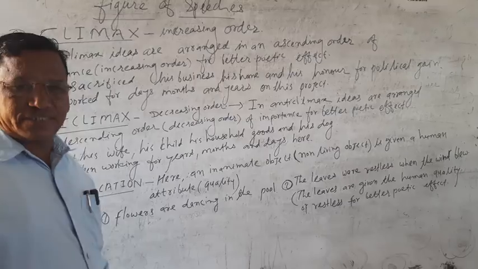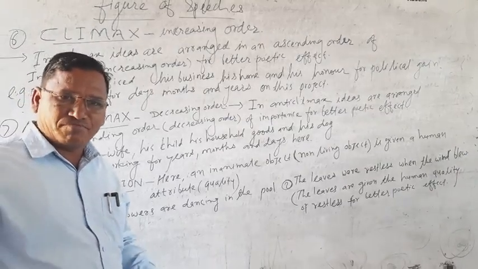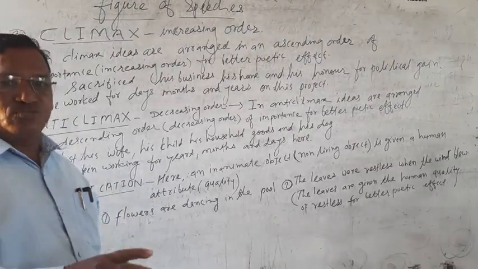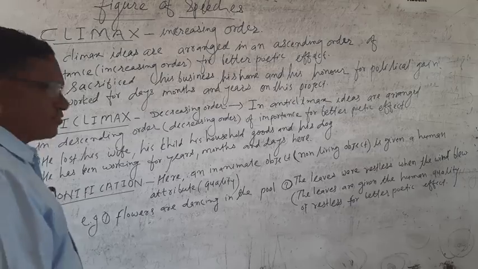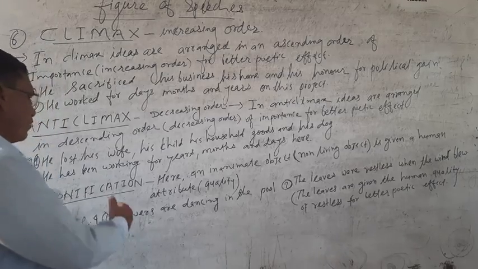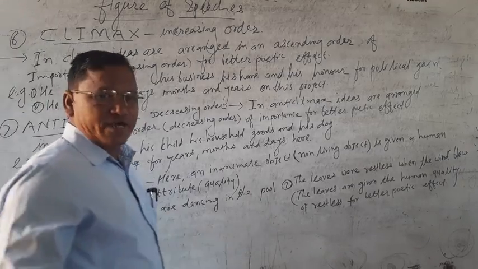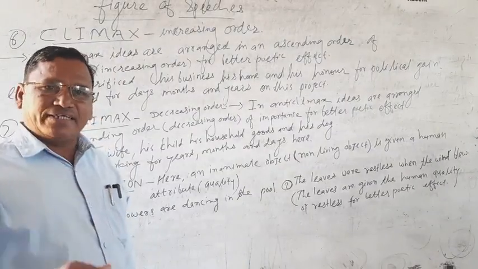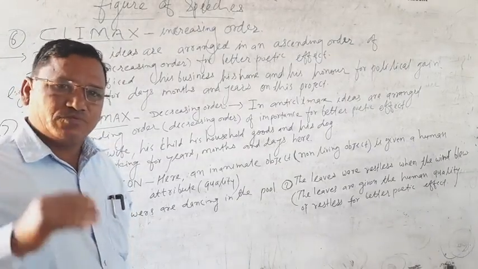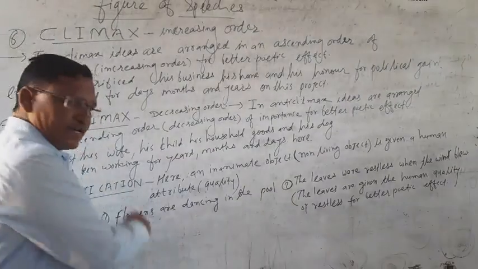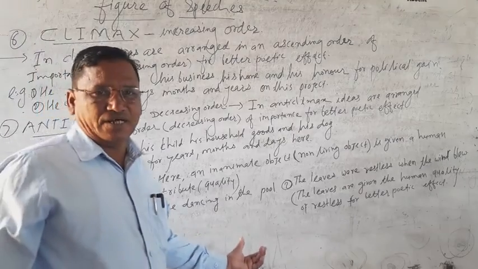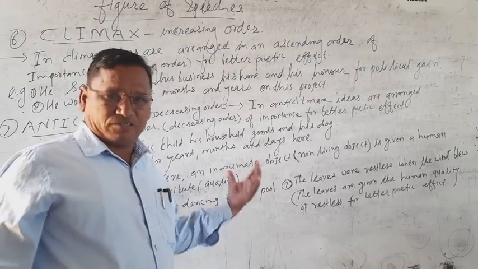Flowers cannot dance, but here the quality is given to the flowers. That is called personification. Who dances? Man can dance. That is the quality of man, and that quality is given to the flowers. So this is the personification figure of speech.